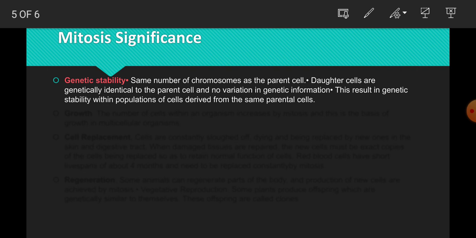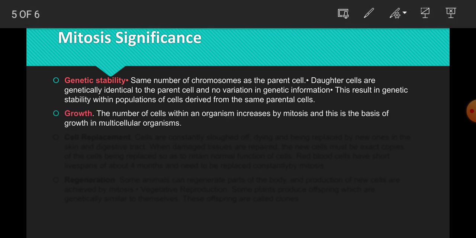And this results in genetic stability within populations of cells derived from the same parental cell. So we have arisen from one zygote, the parental cell. All of the cells arise from the zygote cell, and all of the cells have the same genetic material because of this equational division, mitosis cell division.